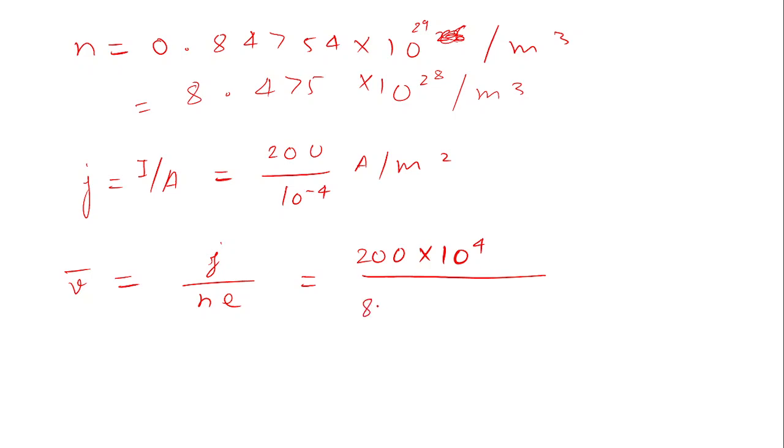And number density is 8.475 times 10 to the power 28 per meter cube. And charge of electron is 1.6 times 10 to the power minus 19 coulomb.